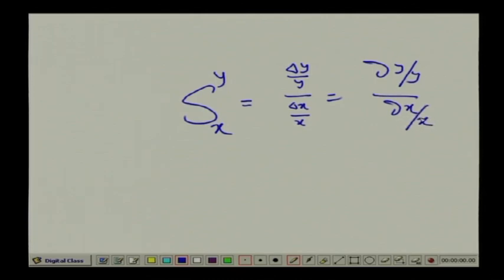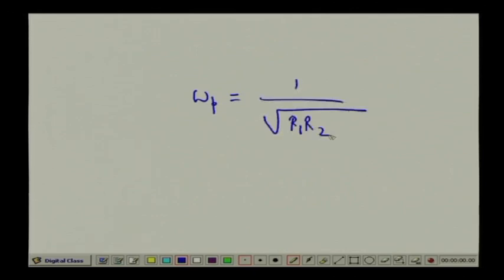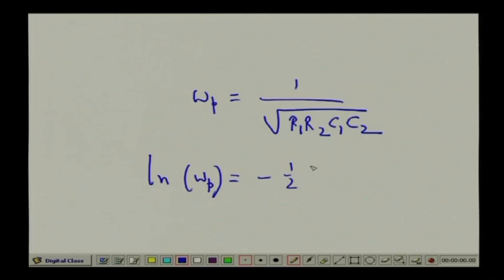The best way to find the sensitivities: suppose I have an expression like omega p equal to 1 upon root over R 1 R 2 C 1 C 2, you take the logarithm of both sides. Natural log omega p equals minus half natural log of R 1 R 2 C 1 C 2.